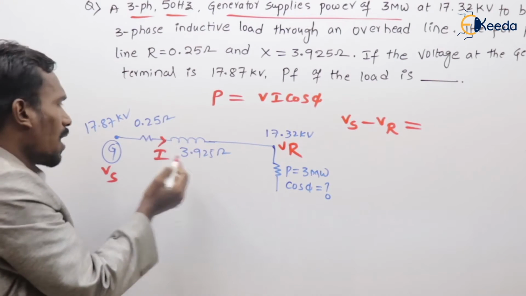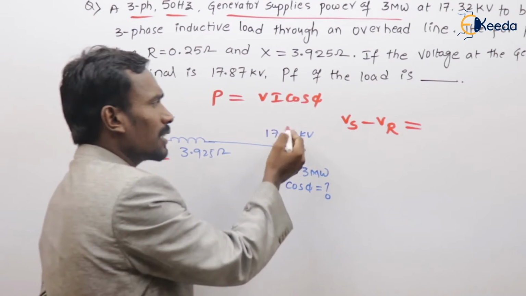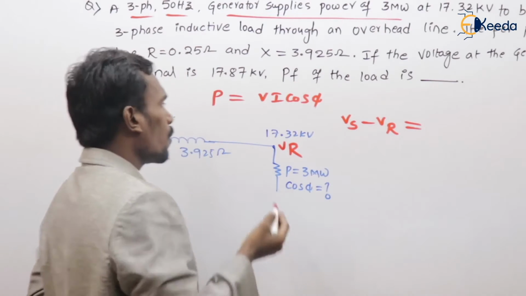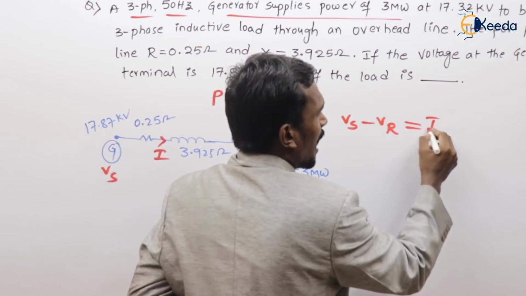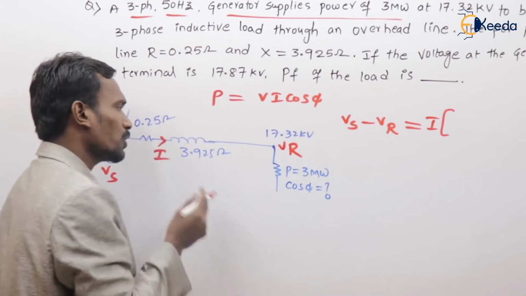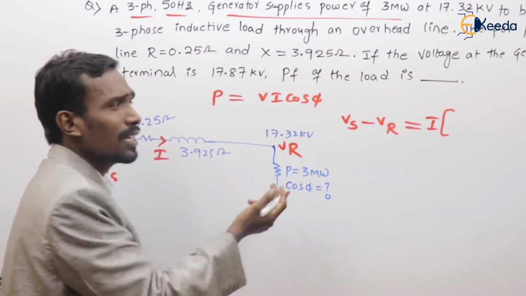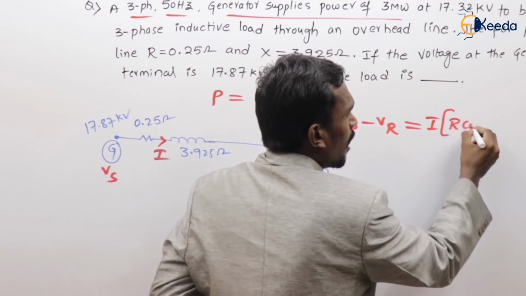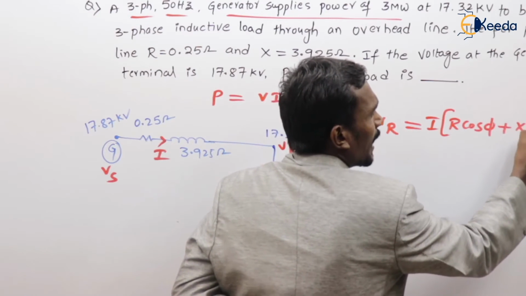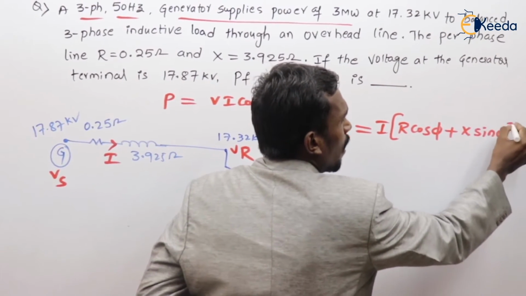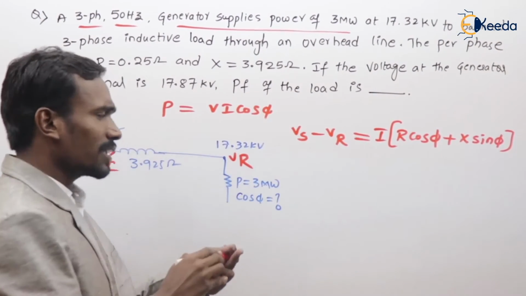I am sending some voltage and some voltage is received; the remainder is the voltage drop, which is I into R plus X, nothing but I times (R cos phi plus X sin phi).